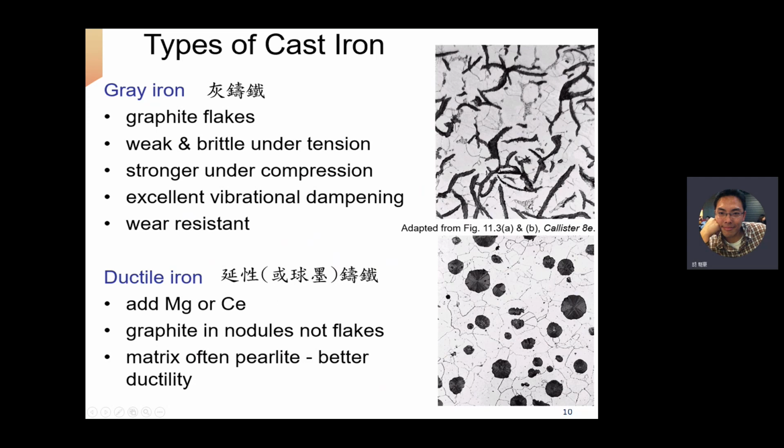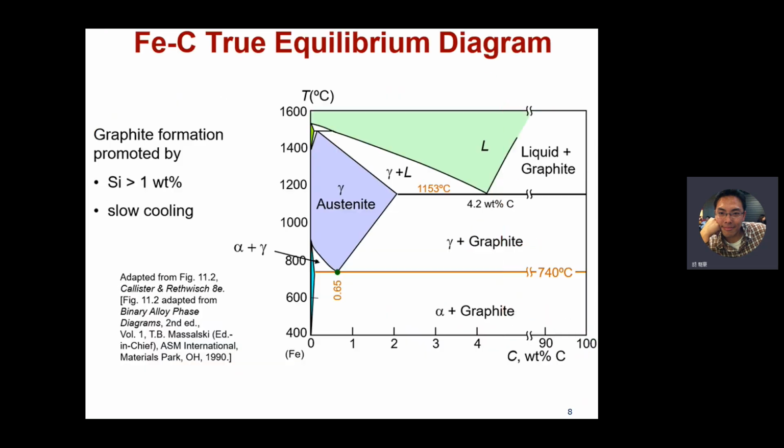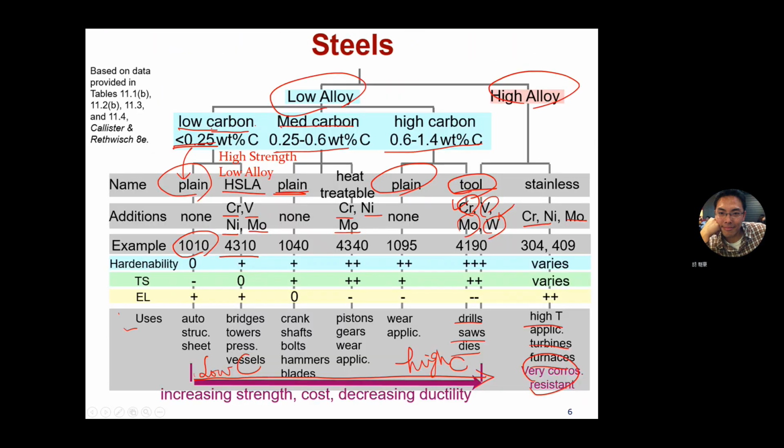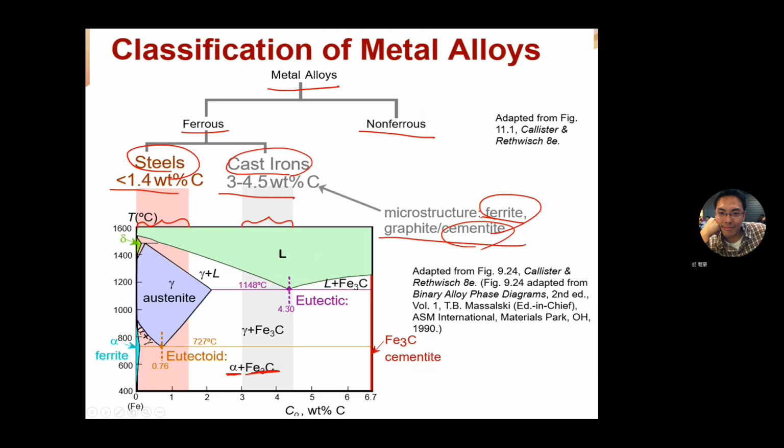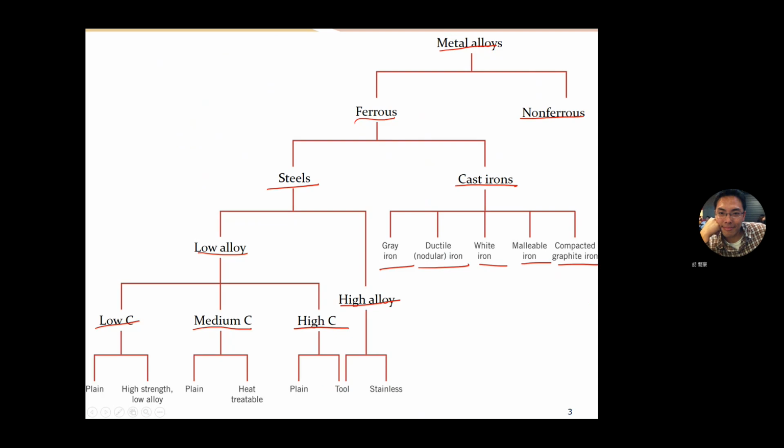So if you want to make components which withstand compression, gray iron is a good choice. So let's look at the gray iron right here.